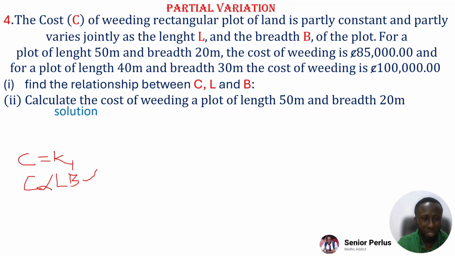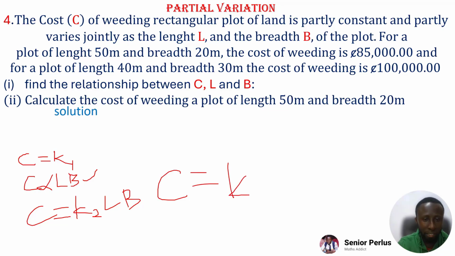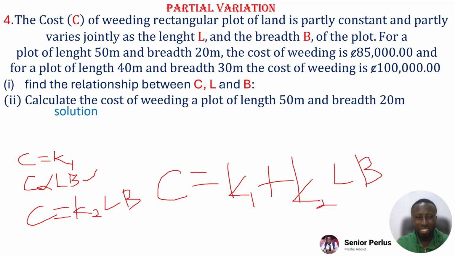Then this can be written as, let's introduce the k. We already have k1, so this will be k2, then length and breadth. So therefore our partial variation, because you have two constants, becomes C equals k1 plus k2 lb.